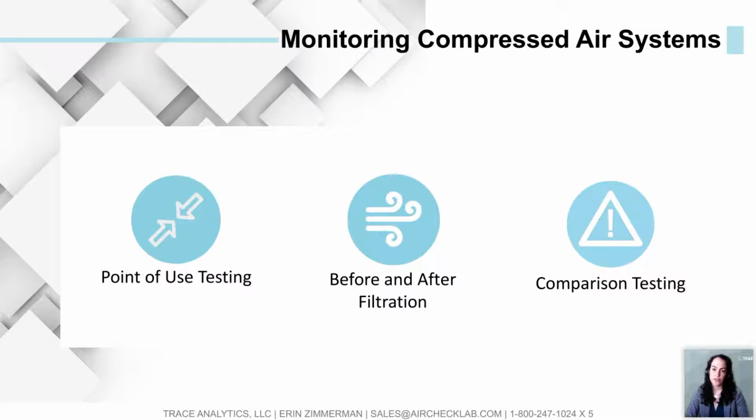So again, definitely check out the monitoring plan and the risk assessment and utilize those tools. We want everyone to have access to them, and to keep them in your compressed air tool belts.